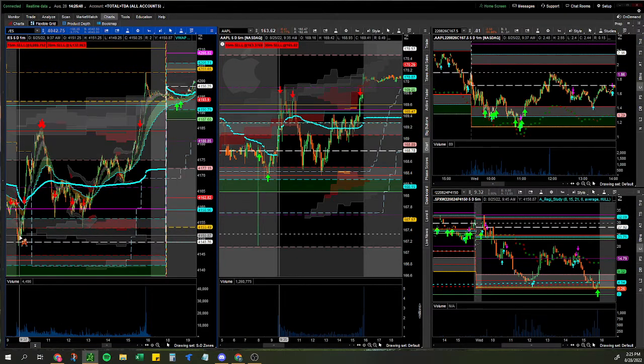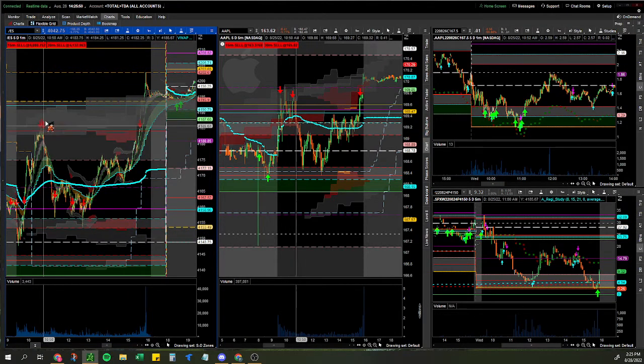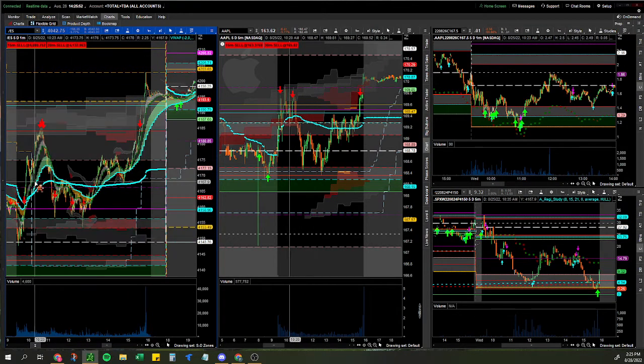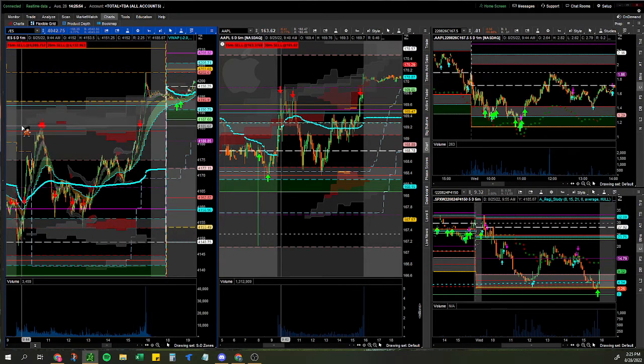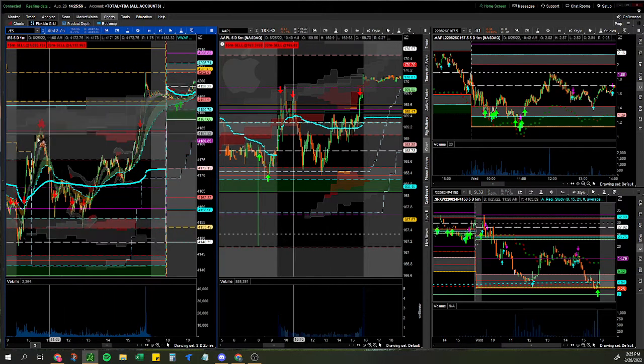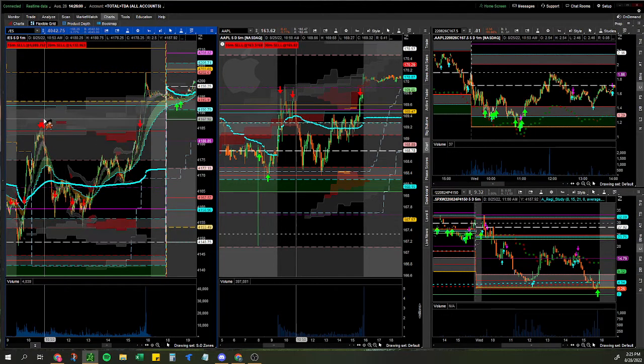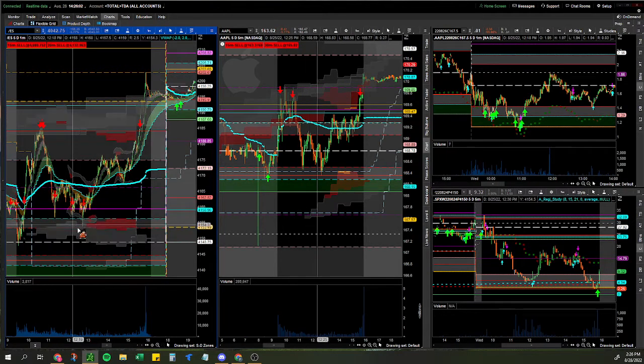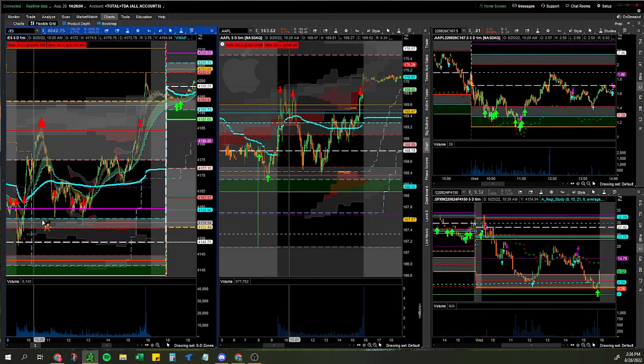You can see we bounced up to squeeze tops. A 30-minute squeeze started to form at open and get thicker as the day went on. We rejected that 30-minute and what looks like a 4-hour squeeze top. We slipped down to the bottom of that 30-minute and our burger top.